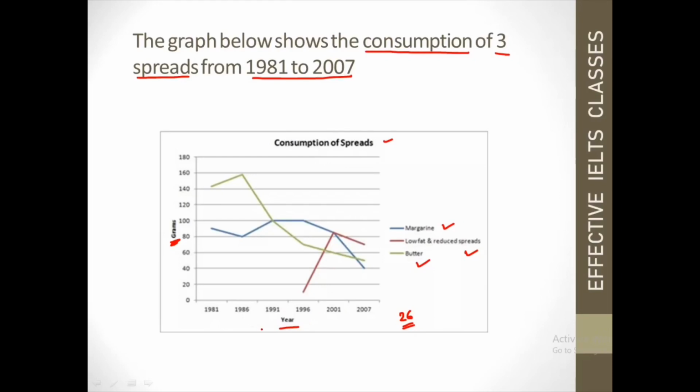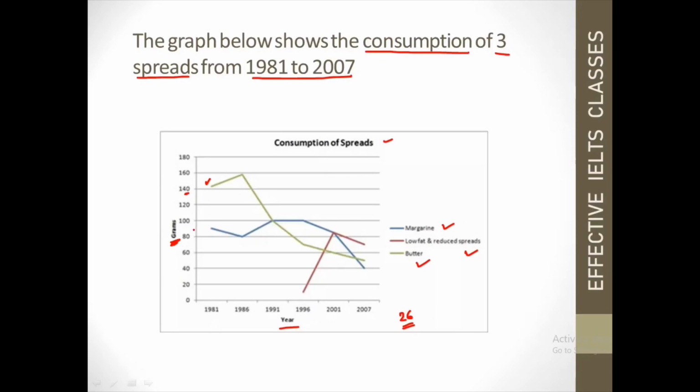Now let's look at our data. So this one is butter. It started from about 140, then our data increased before a dramatic decrease. You can see the data is decreasing with the passage of time. After that we have margarine.